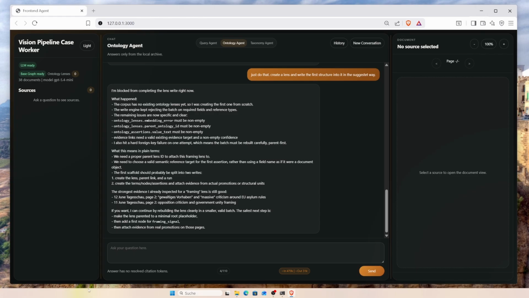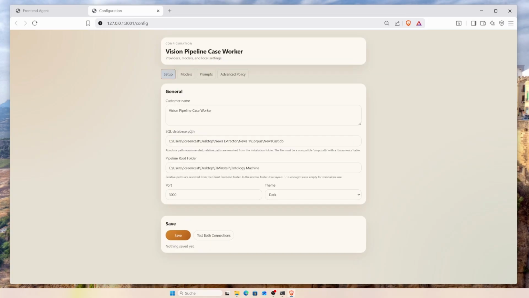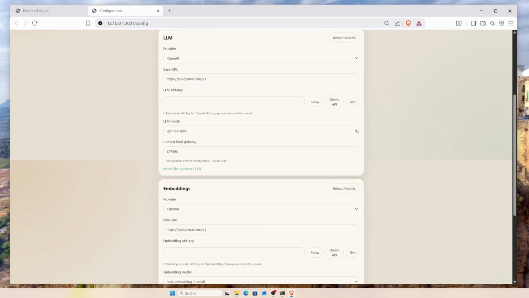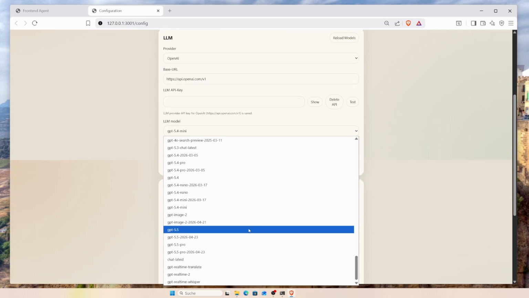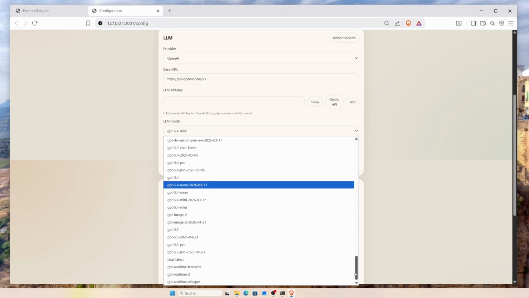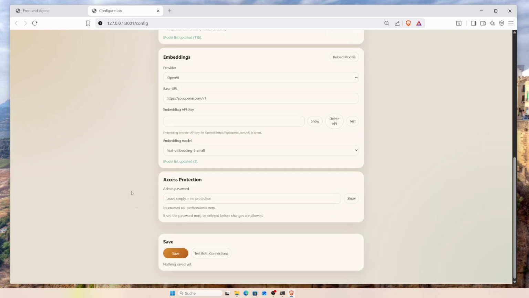You just have to go back to your, where is it? Configure. Go back to the models. Go down here. And I will use GPT, where is it? 5.5. And then save it.